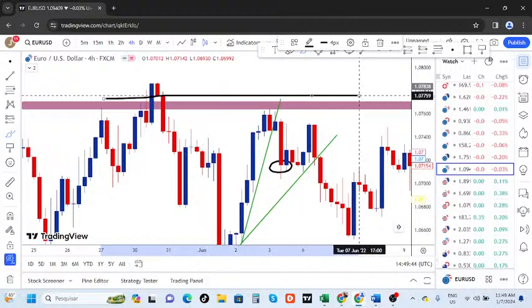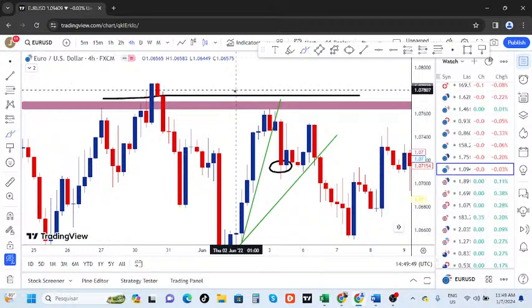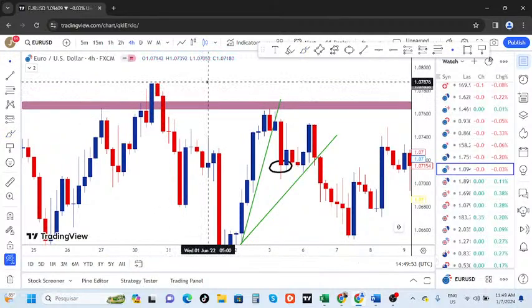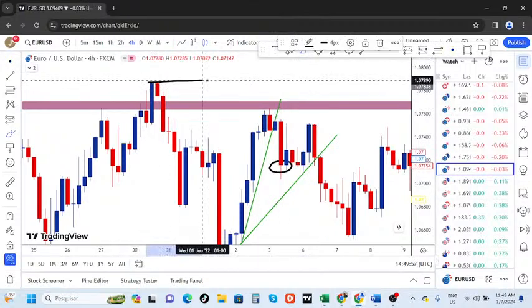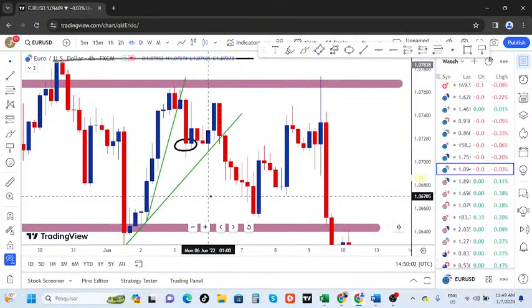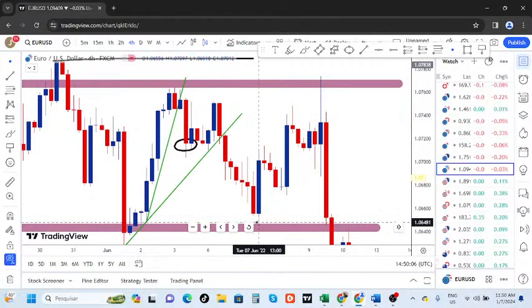No, I'm going to put my stop loss right here, at that first breakout. This is the first breakout back in time. So I'm going to put my stop loss right here, risking from band to band. And we can see how the market fell all the way to the downside.